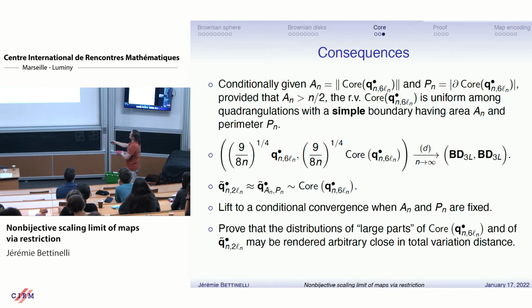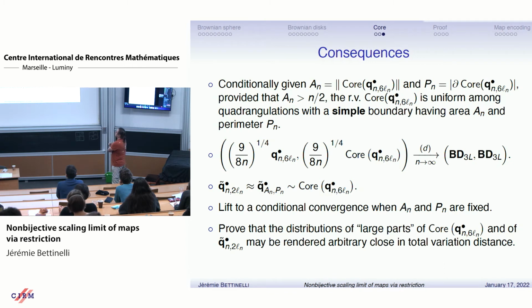So the question is, knowing the convergence of this one, how can I get convergence of this one? We need to find a conditional convergence when a_n and t_n are exactly this and not roughly this.